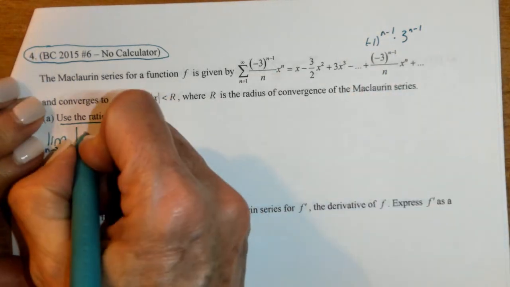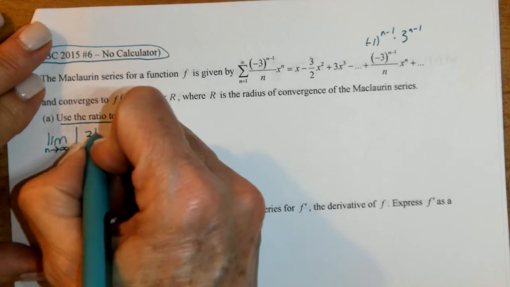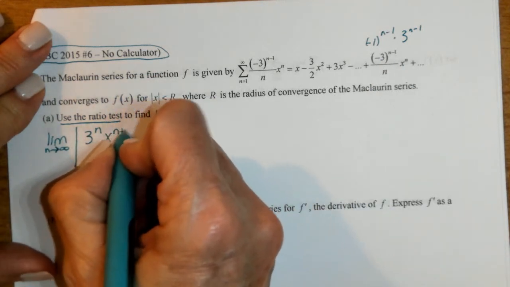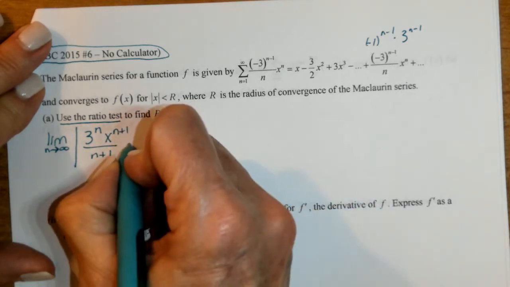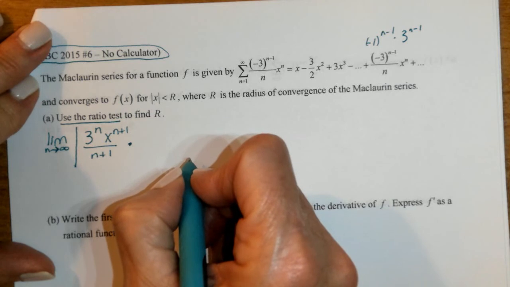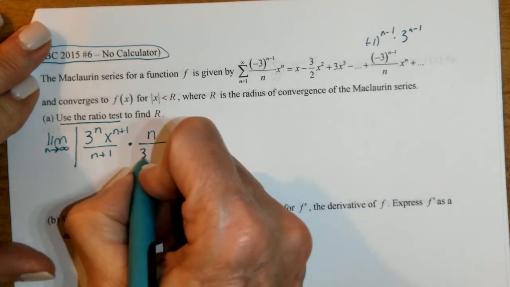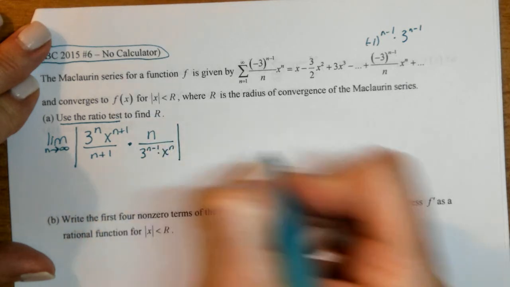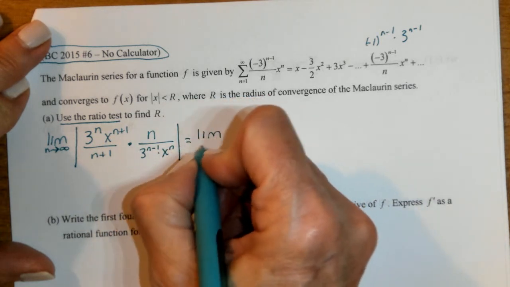I'm just going to make this 3 to the, replacing n with n plus 1, so that will just be an n, x to the n plus 1 divided by n plus 1, times the reciprocal of the nth term, so that will be an n on top, 3 to the n minus 1 times x to the n on the bottom. Okay, time to simplify.